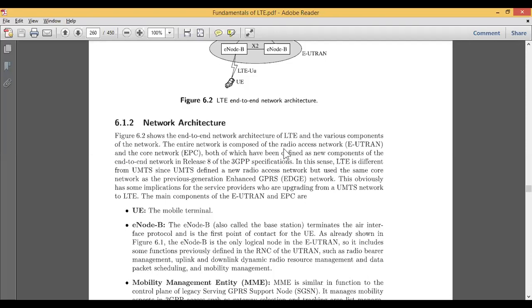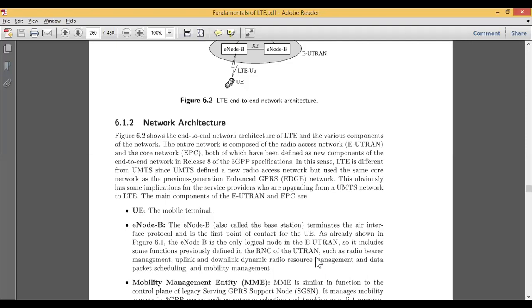Other than the E node B, we do have some logical nodes, which carry out functions related to your RNC, that is radio network control, of UTRAN.